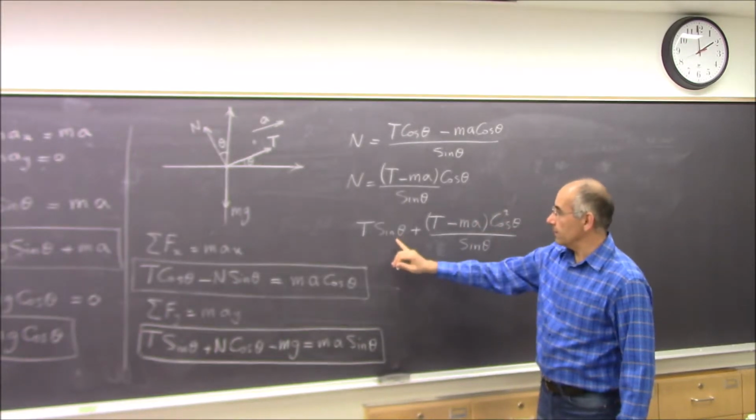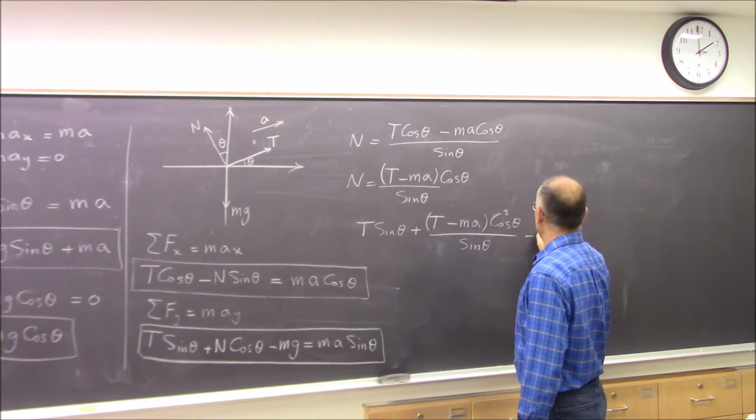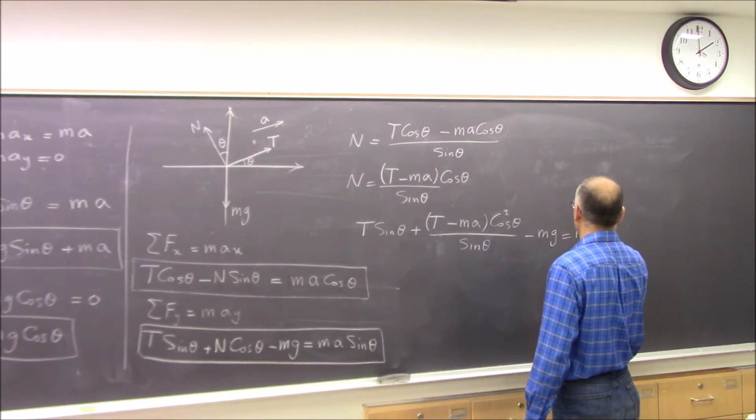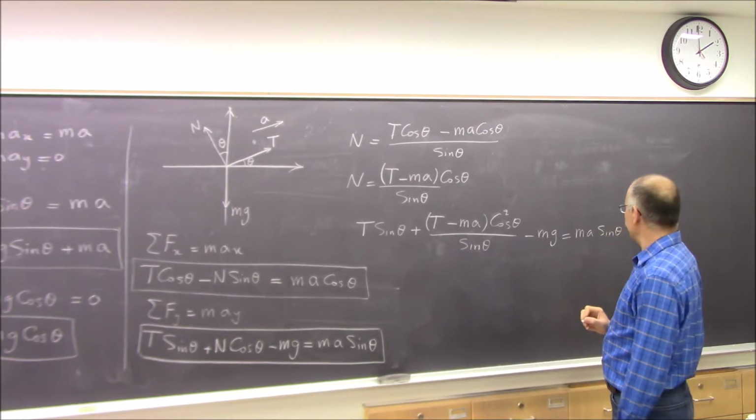So we have T sine theta, N cosine theta minus mg equal to ma sine theta, right?